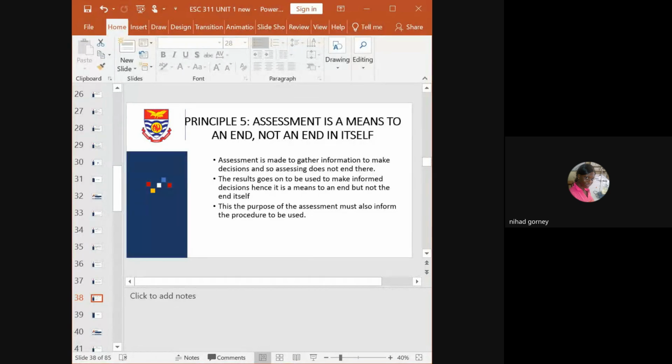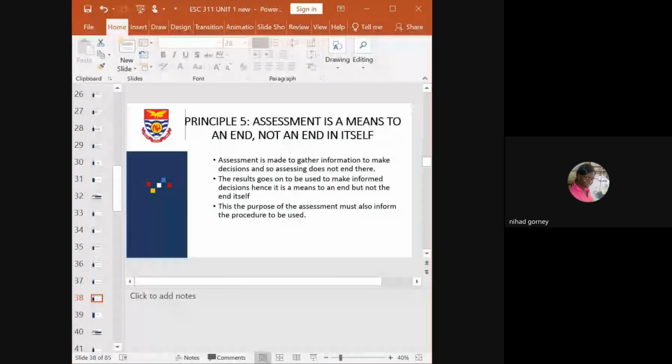So when we make an assessment, it is not an end, but a means to an end, a means we use to find out students' achievement and students' weaknesses to help us better our pedagogies, come back and teach it again differently. So it's just a means helping us to get to an end, but it's not the end itself.